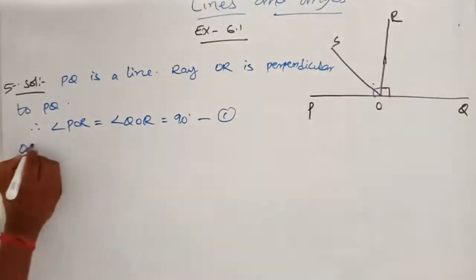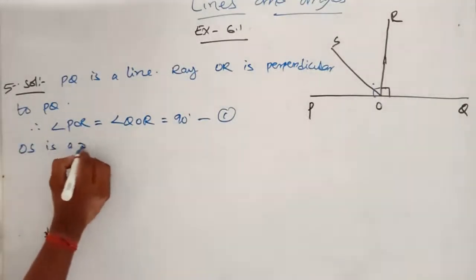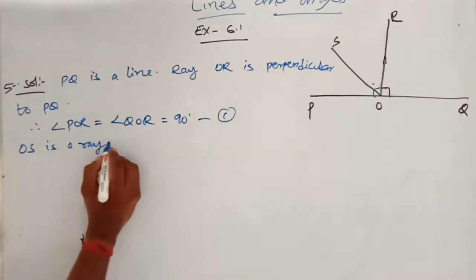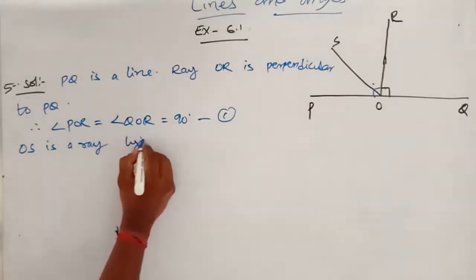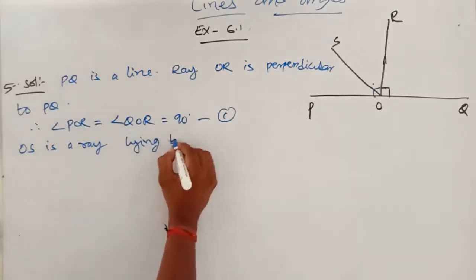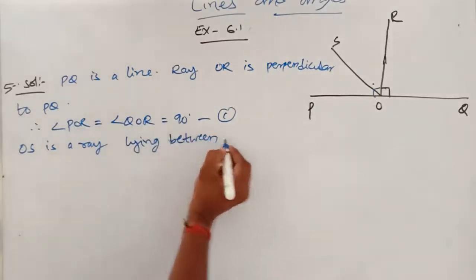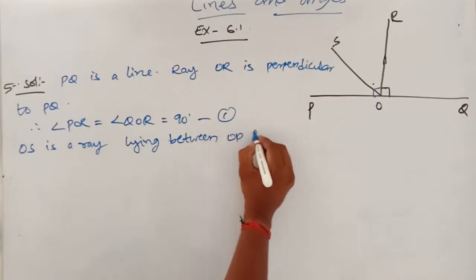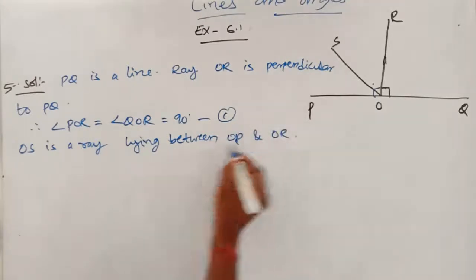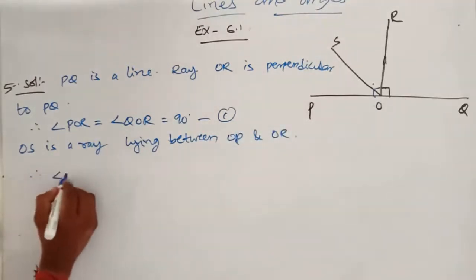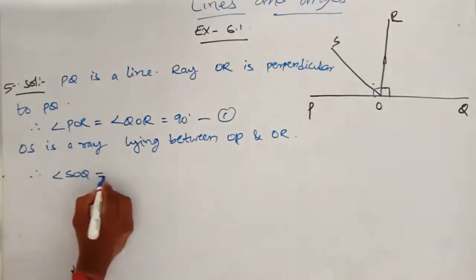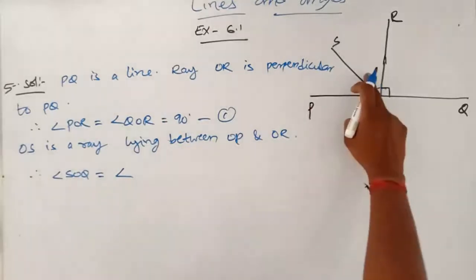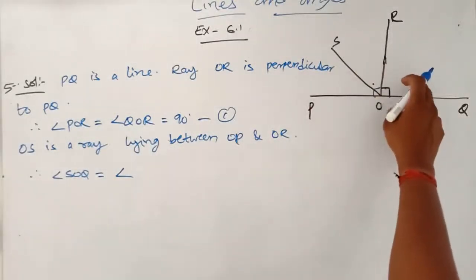And one more thing is given: OS is a ray lying between OP and OR. So therefore, angle SOQ, this angle, because I need to find SOQ first.